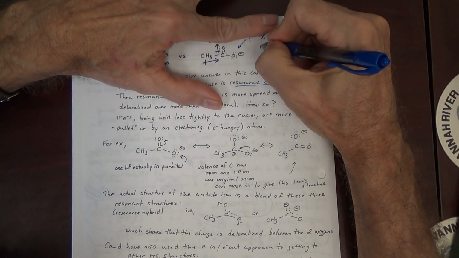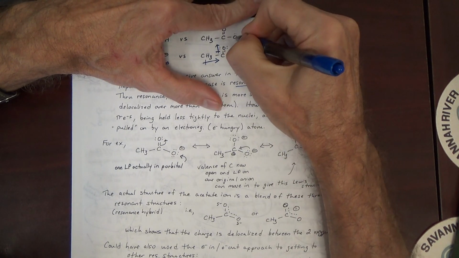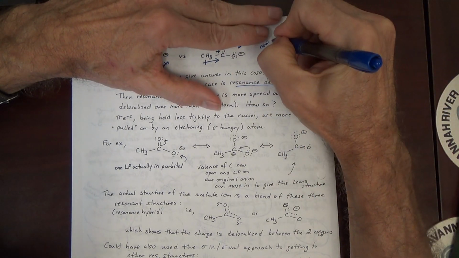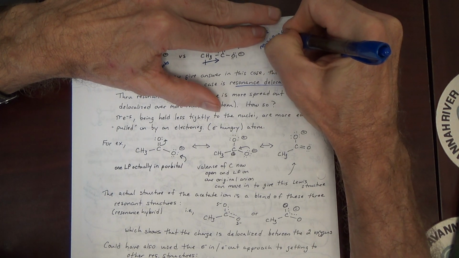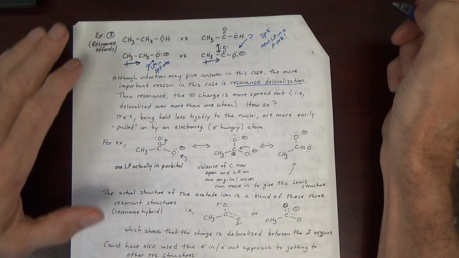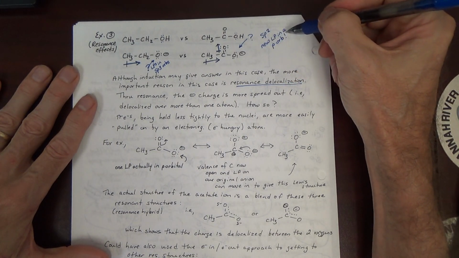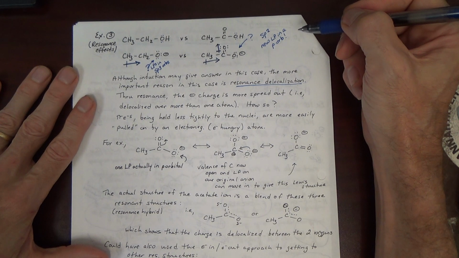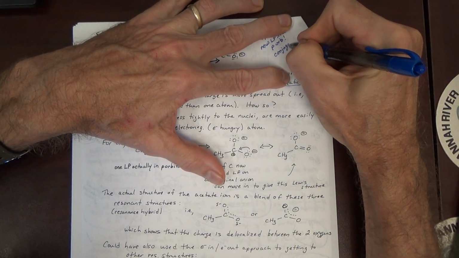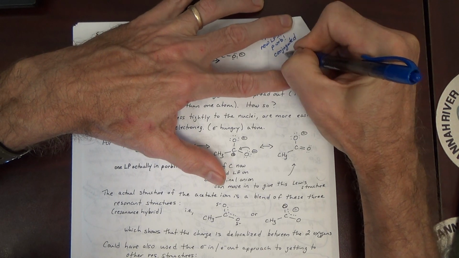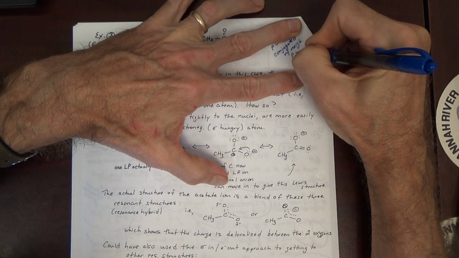One of the original lone pairs was as well. But one of the lone pairs here is in a p orbital, and it's conjugated with the neighboring p orbital.